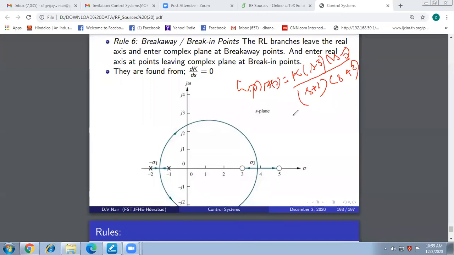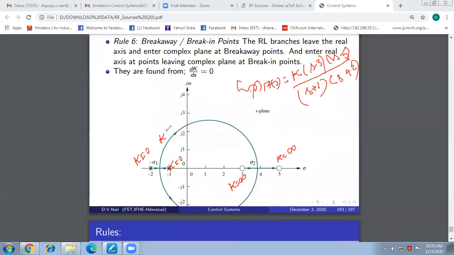The two branches which originated at -1 with k equal to 0 and another at -2 with k equal to 0, one will terminate at 5 with k equal to infinity, and another will terminate at the open loop zero s equal to 3 with k equal to infinity. So this is how the branches will go.